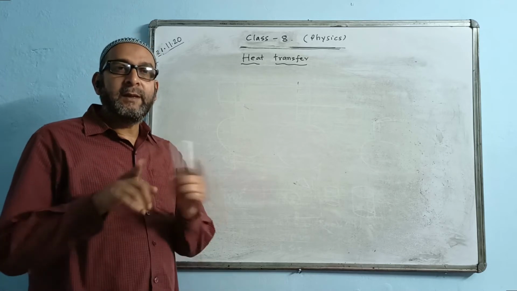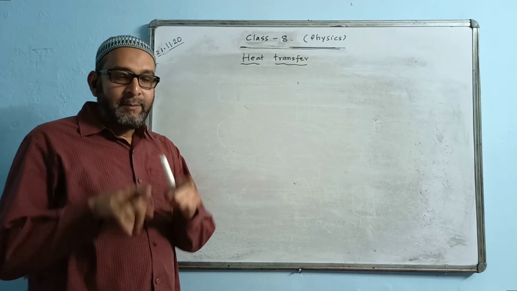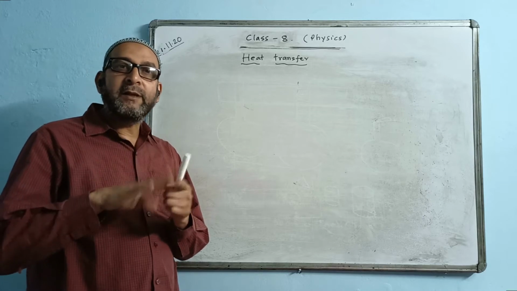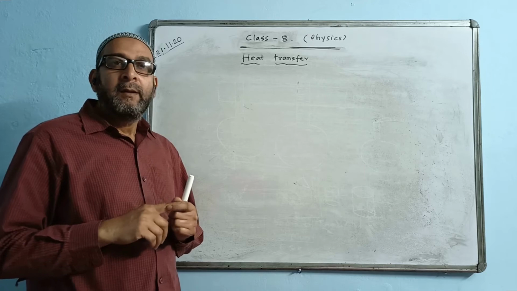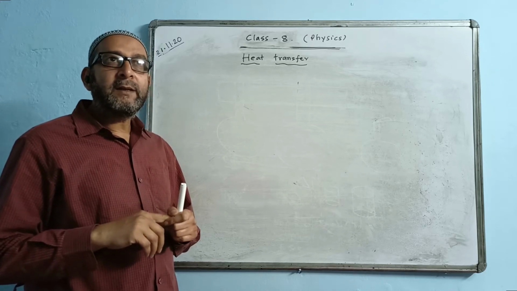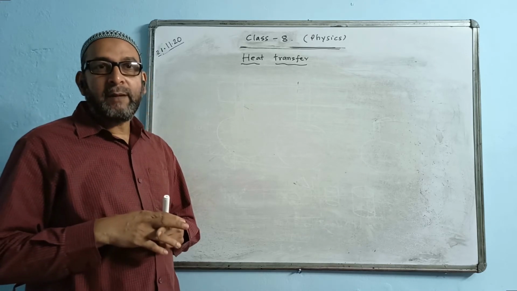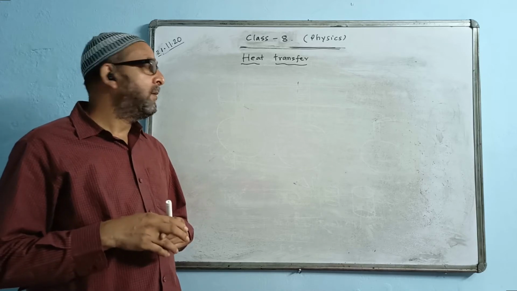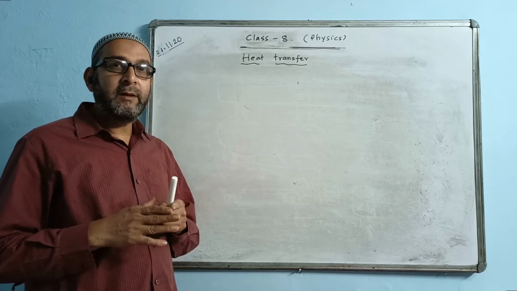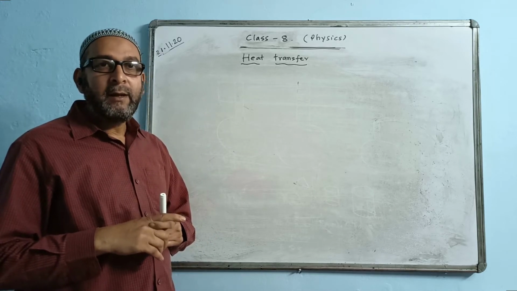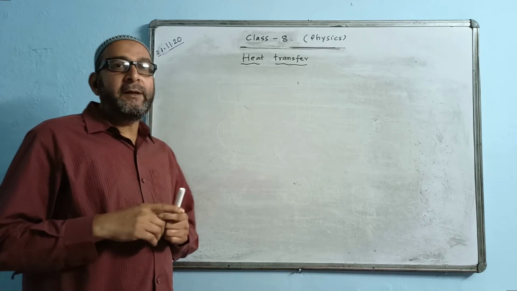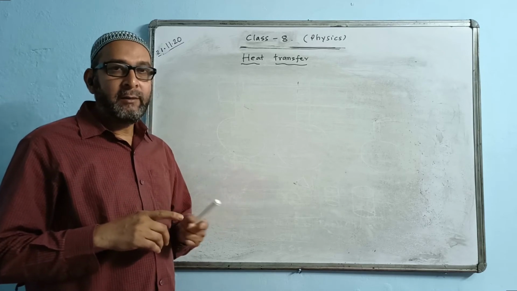But what is the similarity between them? Both are processes in which liquid changes into gas or vapor. That is one similarity. What is the second point of similarity between evaporation and boiling?